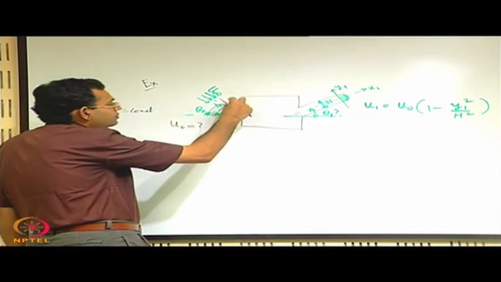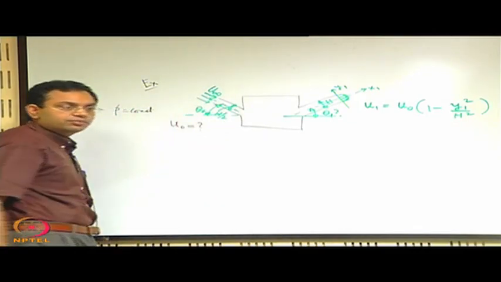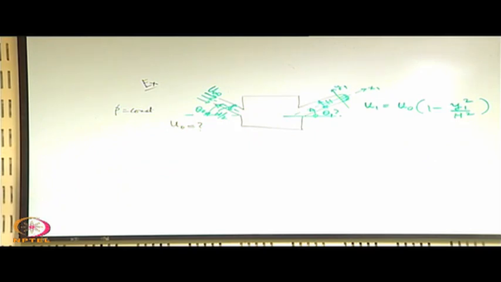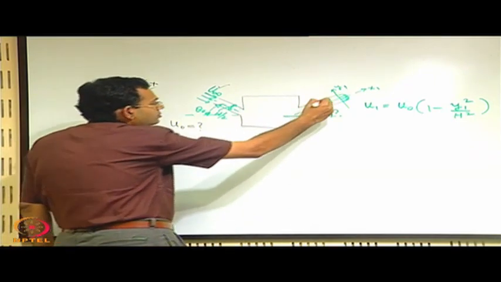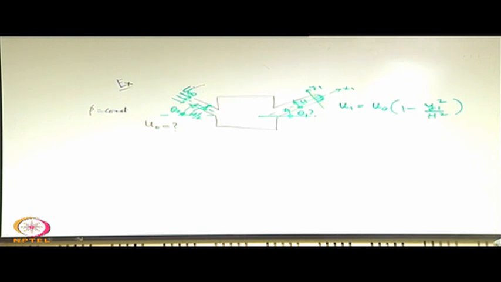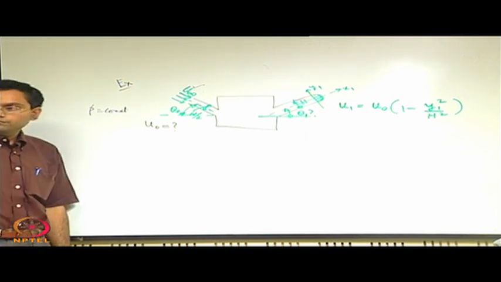Given the width of this figure perpendicular to the plane where it is drawn is uniform. Okay. So, u infinity is given, h is given, these two things are given. Okay. So, how will you go about it?